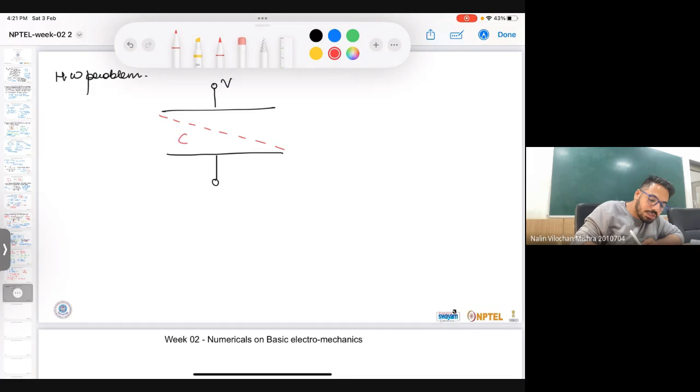The bottom one is epsilon 1, the top one is epsilon 2. So you need to find the equivalent capacitance.